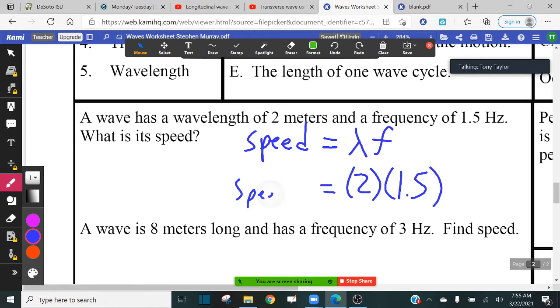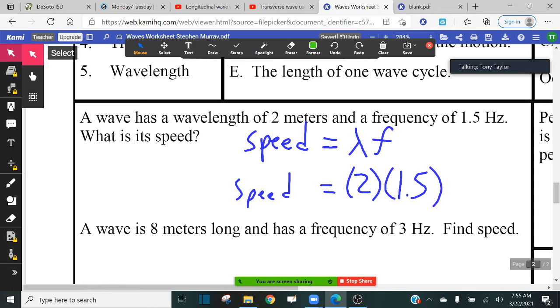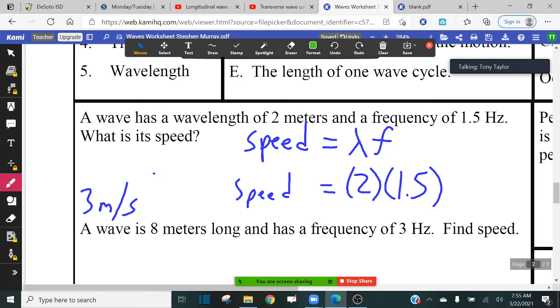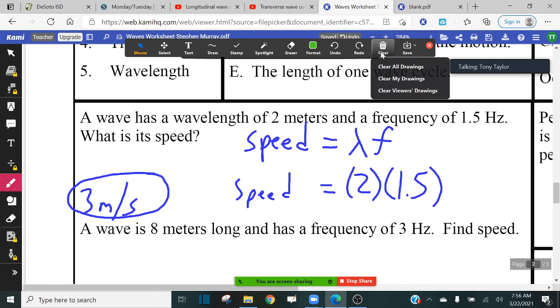Sorry, not 3 meters, but 3 meters per second. That's the unit for speed. So our answer is 2 times 1.5 is 3 meters per second. That's the speed of this wave.